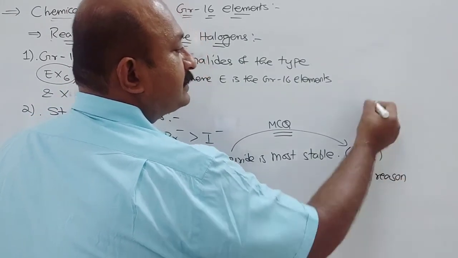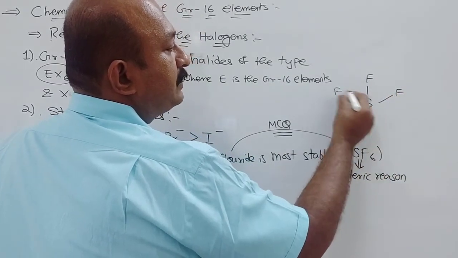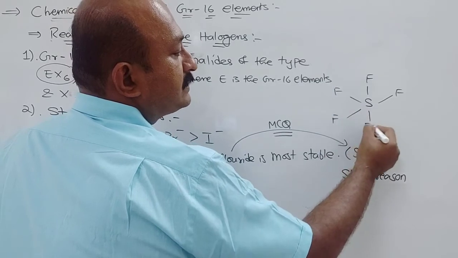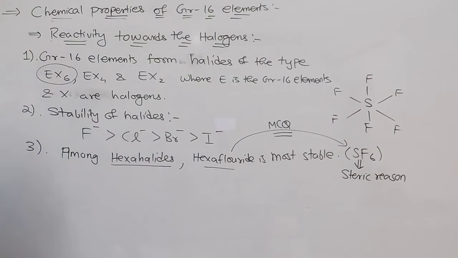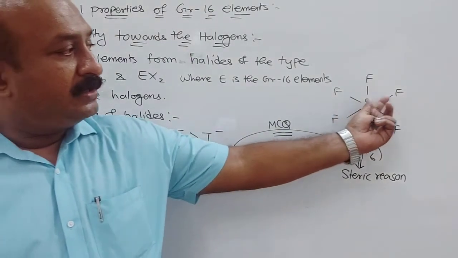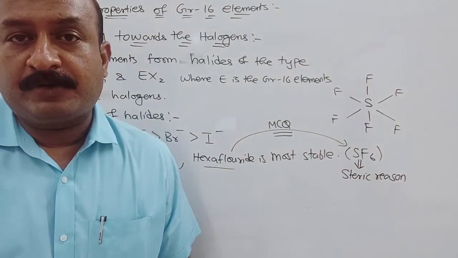Sulfur combines with fluorine at 6 places, and all the fluorines are electronegative, so the bond length is also shorter. So this one is the most stable hexafluoride.